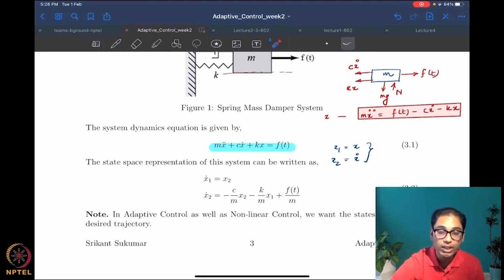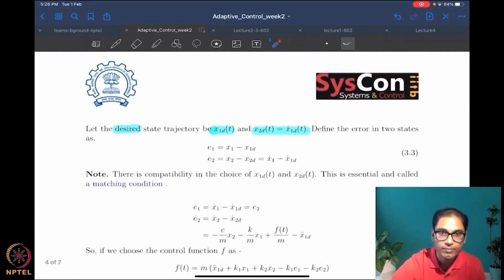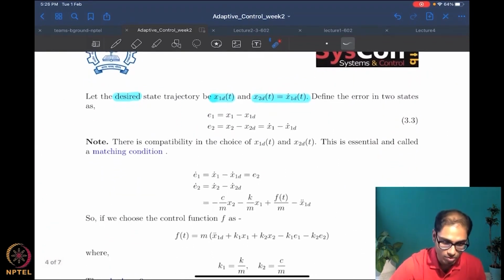Therefore, in order to have a consistent desired trajectory, you will need your desired trajectory to also have the derivative of position be the velocity of the desired trajectory. Otherwise these are not compatible trajectories and you cannot track such a trajectory.